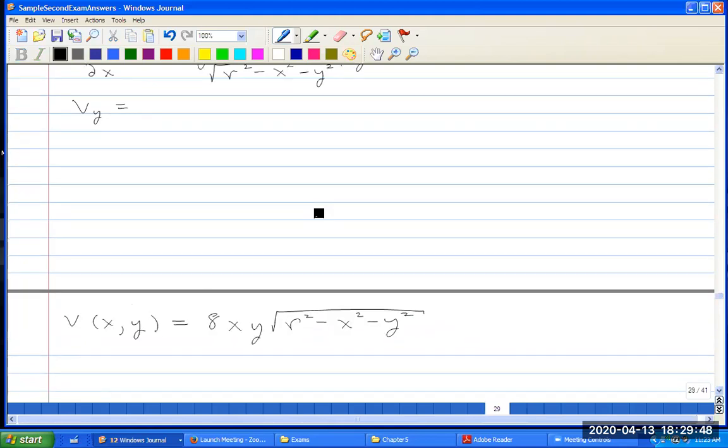So take the partial with respect to y. Again, let's use the product rule, the Leibniz rule. So the derivative of the first times the second, plus the first times the derivative of the second, r squared minus x squared minus y squared.